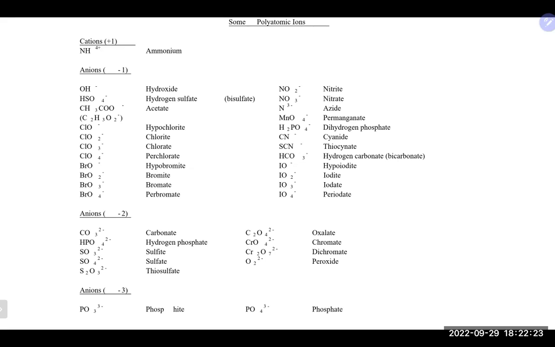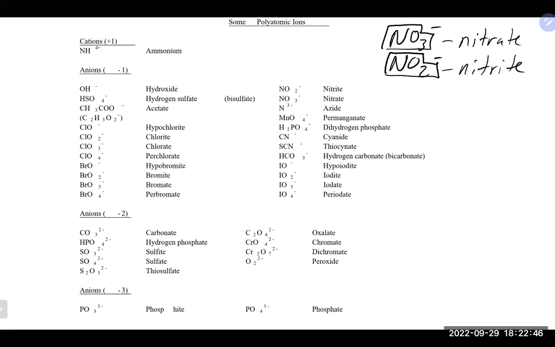So if we look at something like NO3 minus and NO2 minus, again, they both have a -1 charge. The difference between them is the number of oxygens they have. The one with the most oxygens will end in ate, so that is nitrate. The one with the least number of oxygens will end in ite, so that would be nitrite.